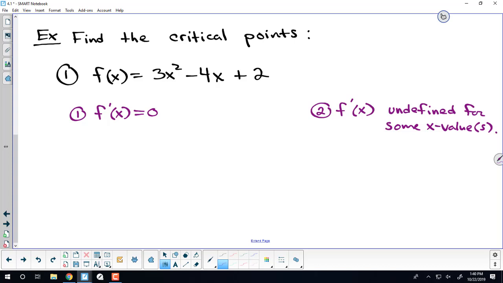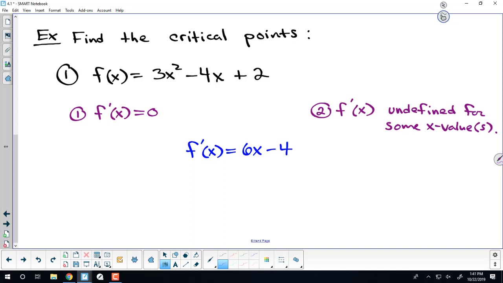So then that naturally involves us looking at the first derivative. So the first derivative is 6x minus 4. And then we'll ask, okay, is this derivative 6x minus 4 undefined?